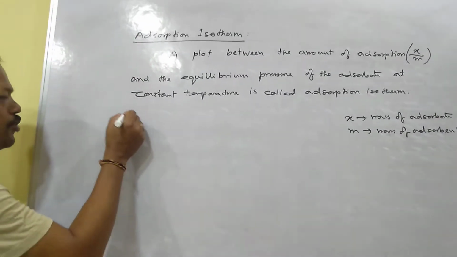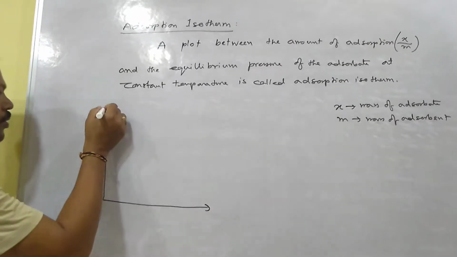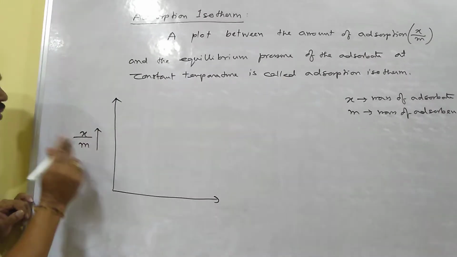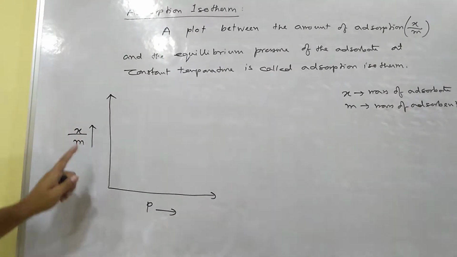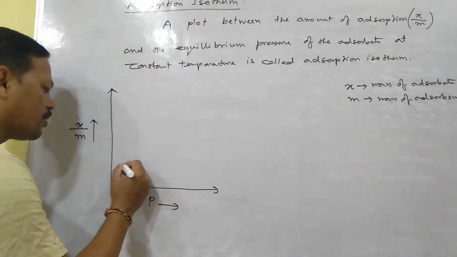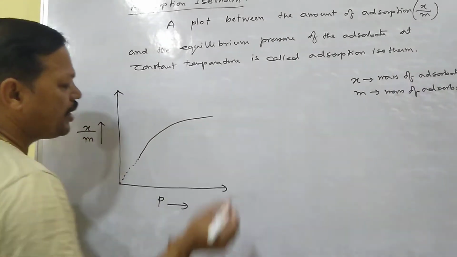And if you want to plot, suppose this side is x by m, the amount of adsorption, and this side is pressure. So when you plot amount of adsorption versus pressure, the curve you will get is like this. First it becomes straight, then it becomes sloping like this.